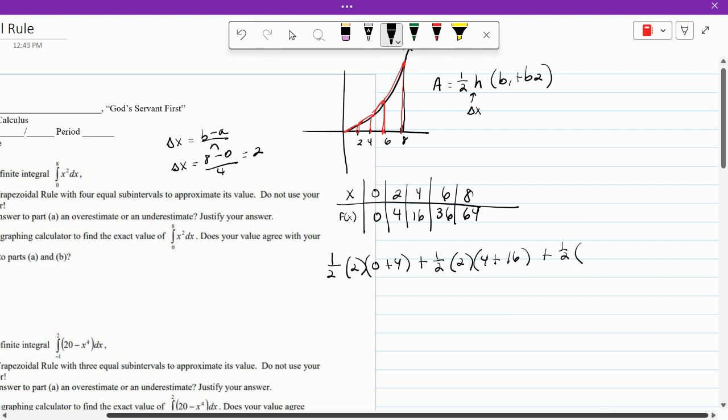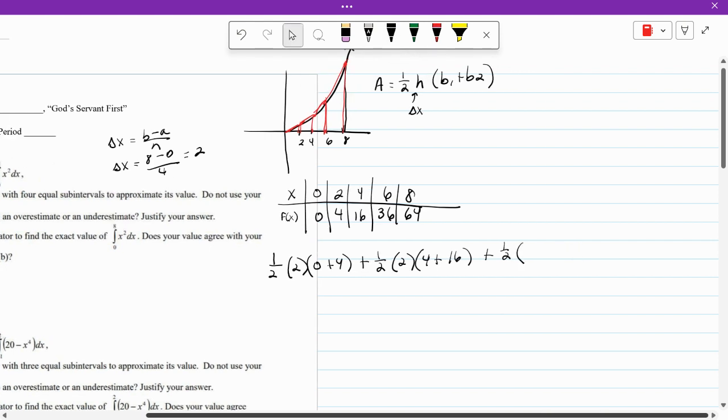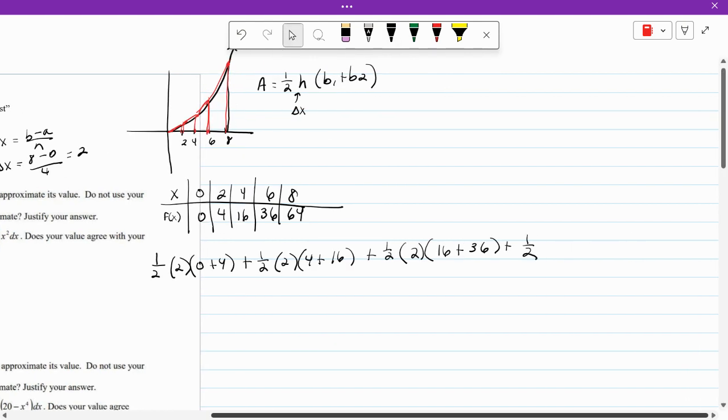And then the third trapezoid, that one was from 2 to 4, so this one's from 4 to 6. So my delta x is the same, and the value of the function at 4 is 16. The value of the function at 6 is 36. And then, lastly, my fourth trapezoid, 1/2 times the height, which is 2, times base 1 plus base 2.